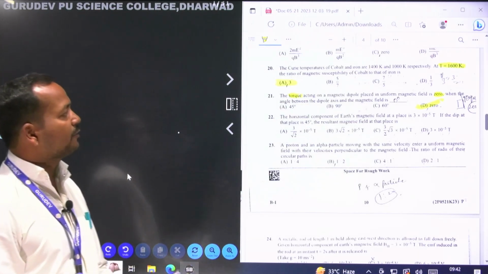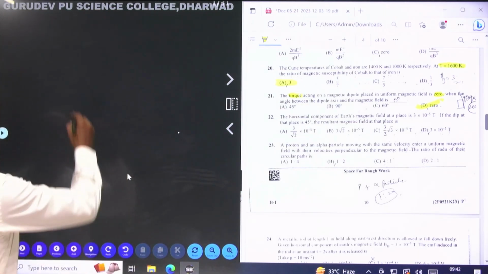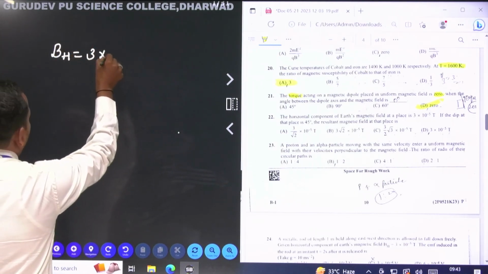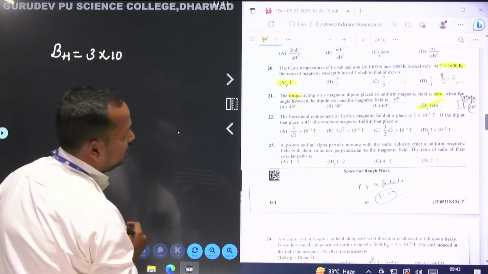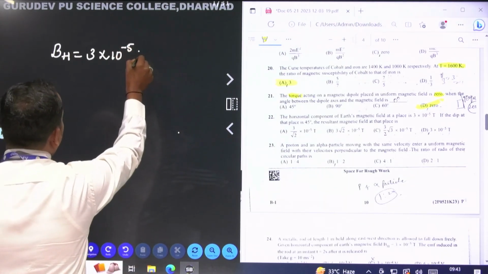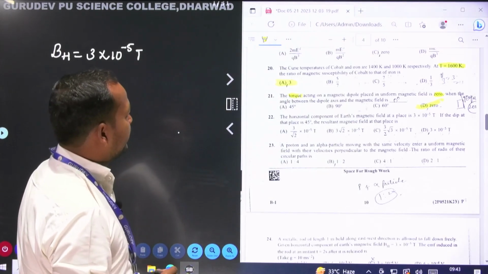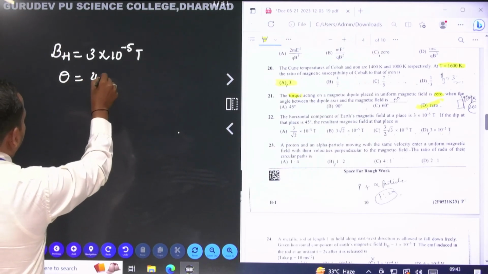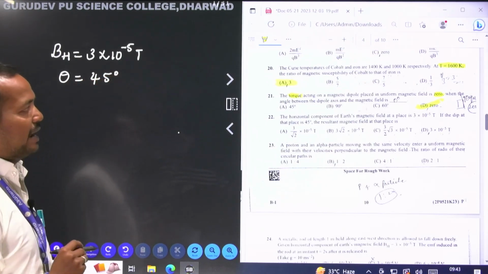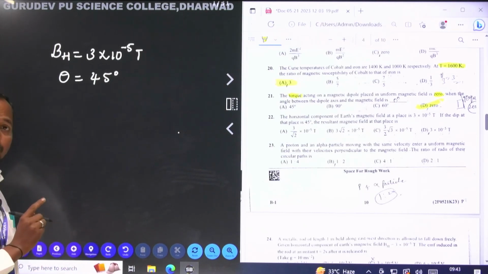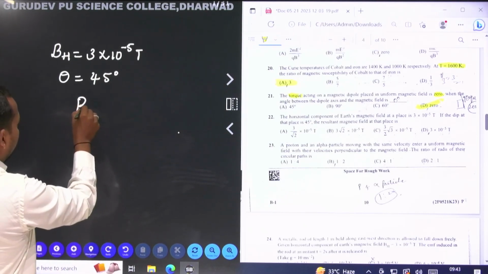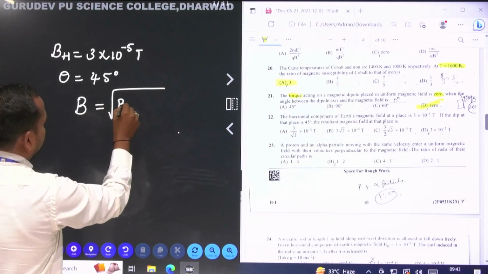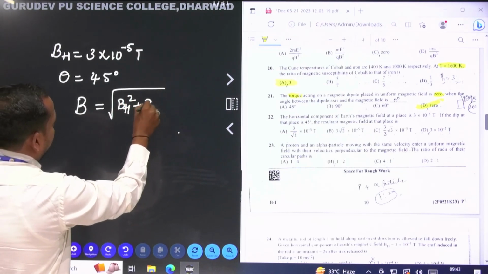Question number 22. The horizontal component of Earth's magnetic field at a place, BH, is given as 3 into 10 to the power of minus 5 Tesla. If the dip at that place is 45 degrees, so theta is 45 degrees, then the resultant magnetic field of Earth is given by the formula under root of BH square plus BV square.